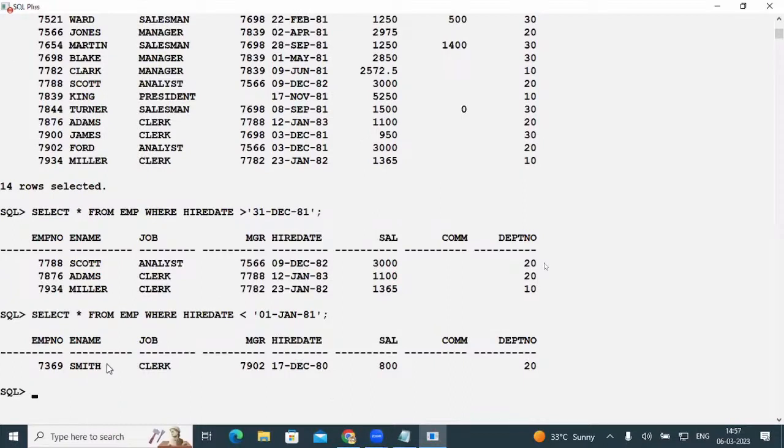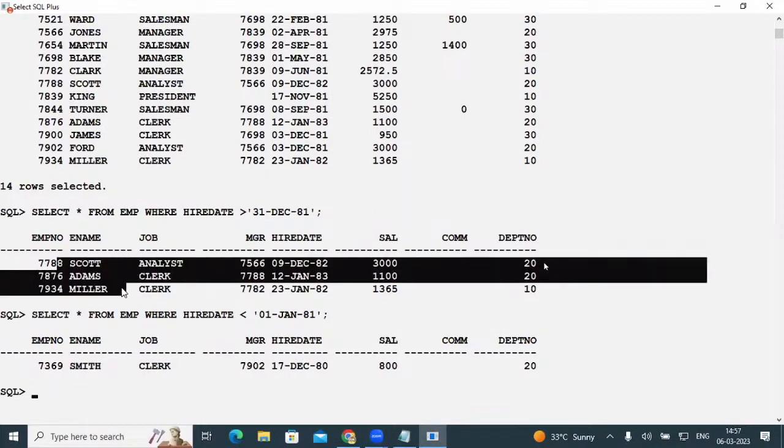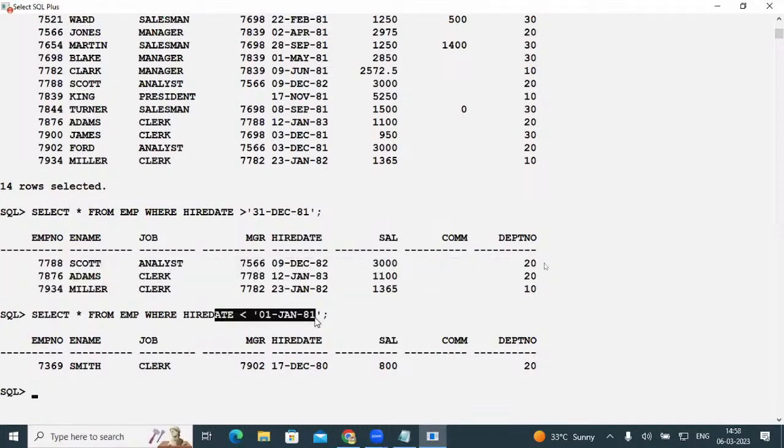So before, how many people? Only 1 person joined. After, how many people? 3 people. So this is how you write your date comparison. In which format is your hire date column saved? The same format should be given. Only then is comparing possible. Understand? Now write down this too.